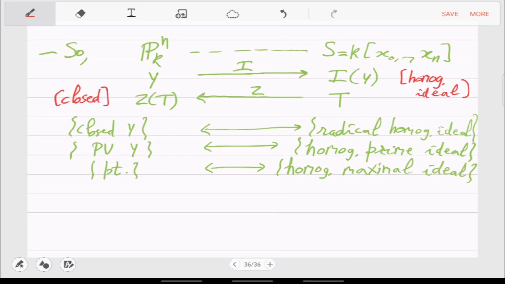So these are one-to-one. Okay, so these I and Z functors behave best on the definitions we have given: closed set and projective variety.